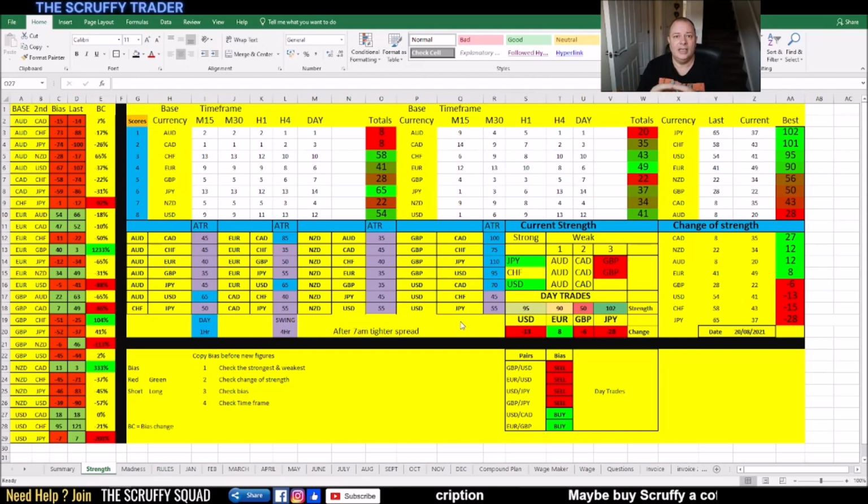And basically the ATR can determine whether it's a swing trade or a day trade based on that number. So as you can see here, if you're trading the Aussie CAD, it only moves about 45 pips in a day. You're going to sit there all day on a 5-minute chart, so just look at a 4-hour chart.